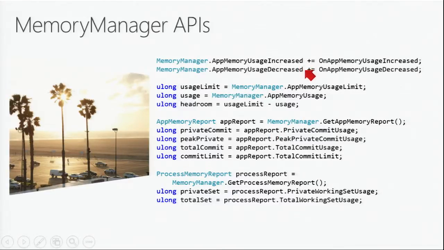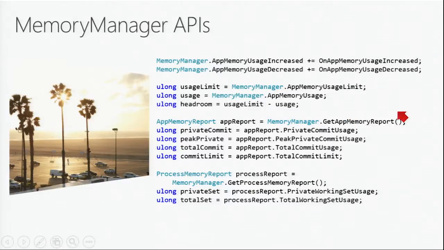We'll tell you when your memory usage is increasing, and we'll tell you when it's decreased. So you can track that. You can see whether your memory is growing, and each time you're told that it's growing, you can check to see what it is and see whether you want to do anything about it or not. See if you want to tune your behavior. You can find out what your cap is, the app memory usage limit. You can find out your current usage. Obviously, subtracting one from the other gives you the amount of headroom you have to play with.